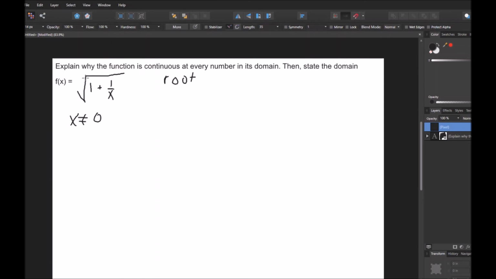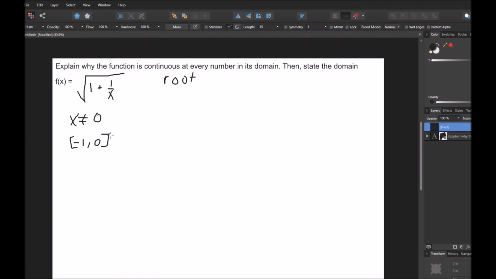So for example, if we had negative 1/2, we'd have 1 plus 1 over negative 1/2, which is the same thing as 1 minus 2, which is negative 1, and we'd have a square root of negative 1. So we can't have anything between negative 1 and 0, but we can have negative 1. So we can include negative 1, but we can't include 0.